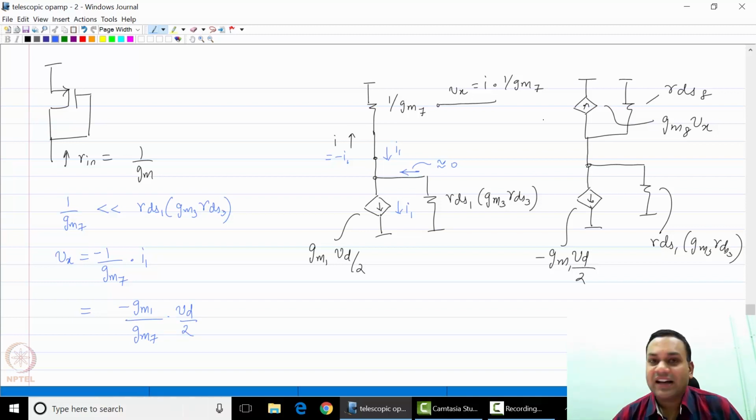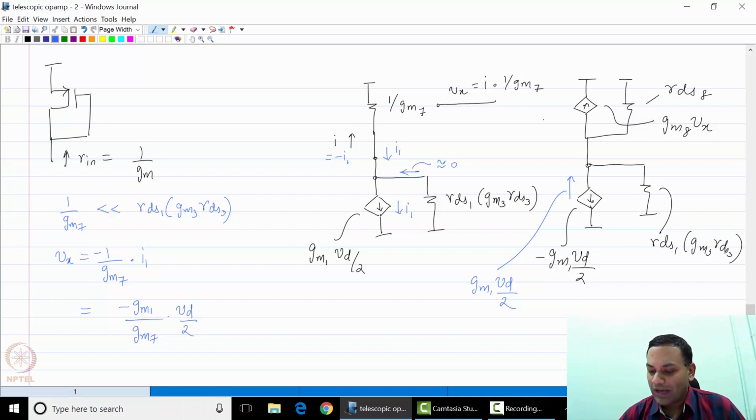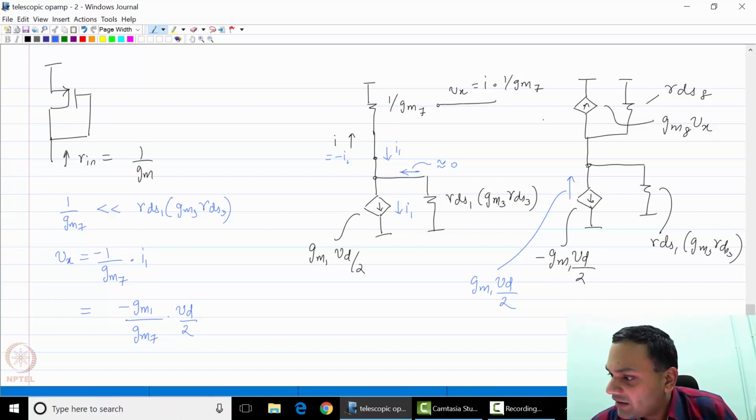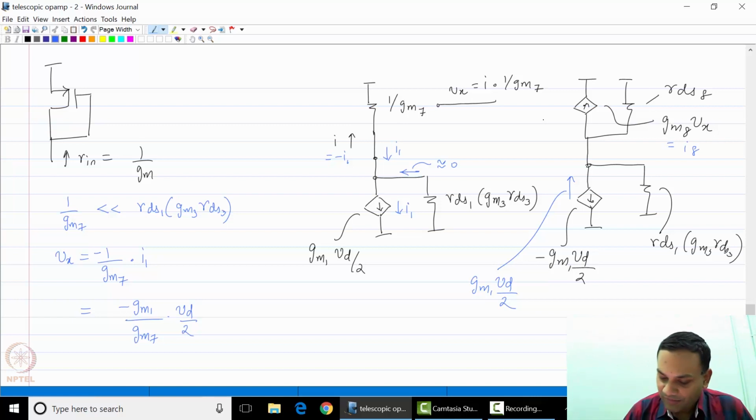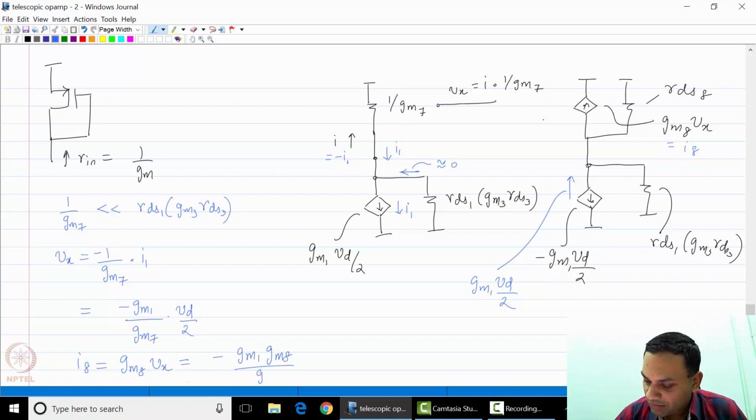Now the current through M2 is simply gm1 Vd by 2 flowing upwards. Now Vx also generates a current through M8, so let us call that I8. Now I8 is nothing but gm8 times Vx. So this is minus gm1 gm8 by gm7 times Vd by 2.